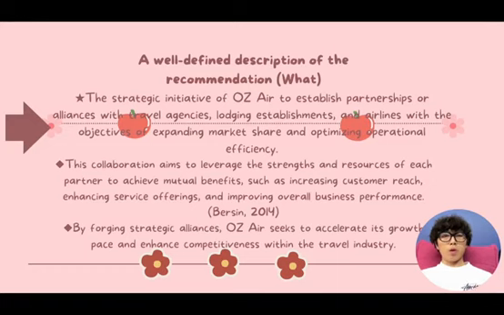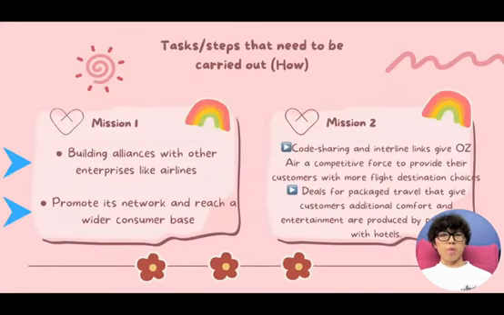This collaboration aims to leverage the strengths and resources of each partner to achieve mutual benefits, such as increasing customer reach, enhancing service offerings, and improving overall business performance. The accompanying reference is Bersin 2040. By forging strategic alliances, OZ Air seeks to accelerate its growth pace and enhance competitiveness within the travel industry.